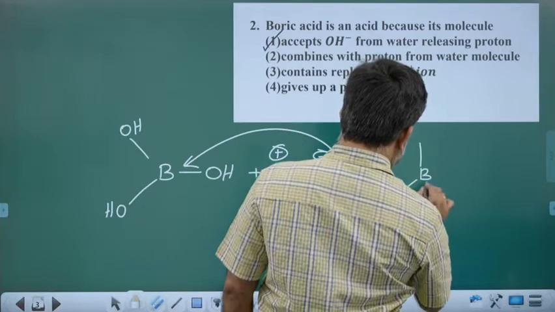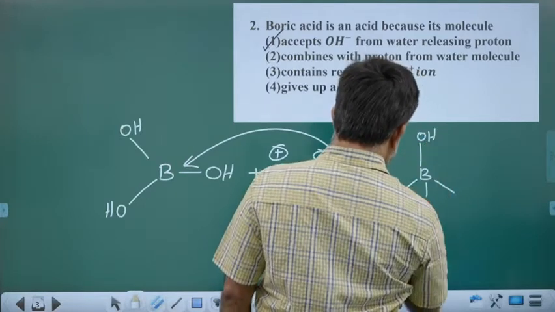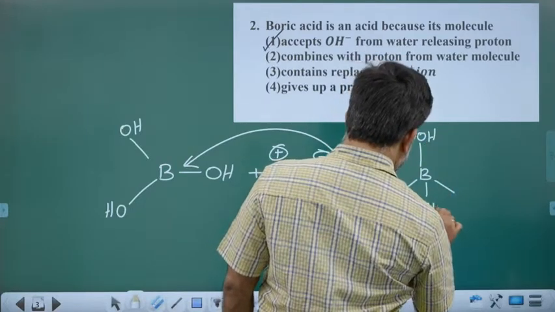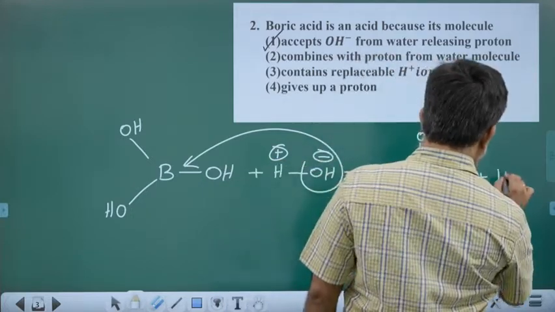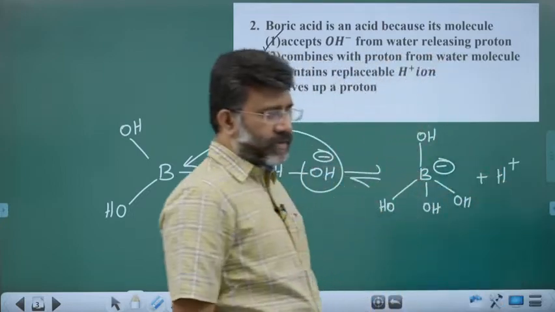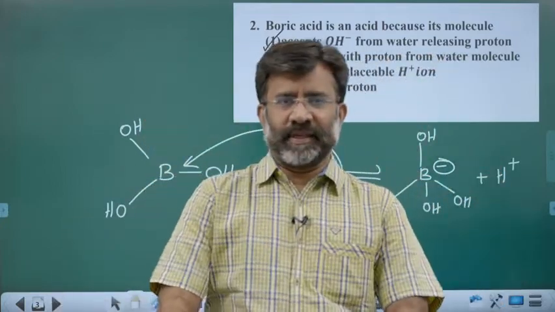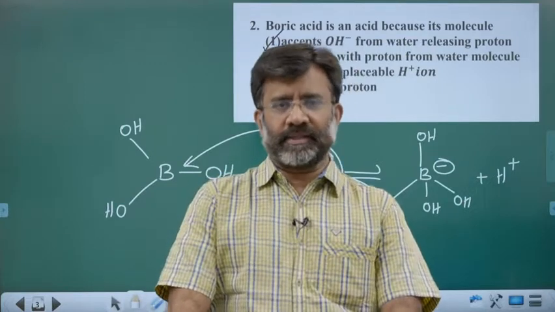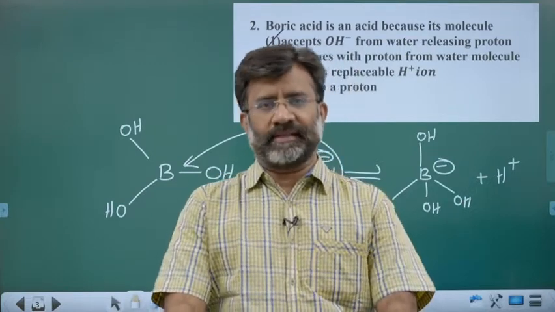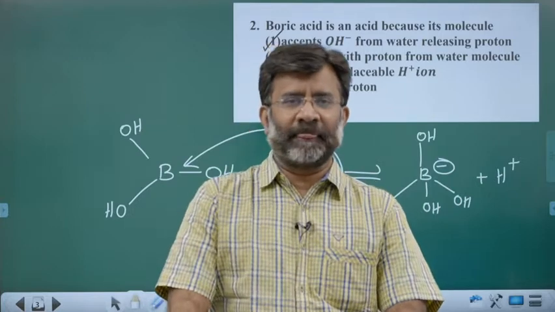You will get B(OH)4 minus plus H plus. So it is acting as a Lewis acid. It is an aprotic acid. It's a weak acid, a Lewis acid, a monobasic acid.